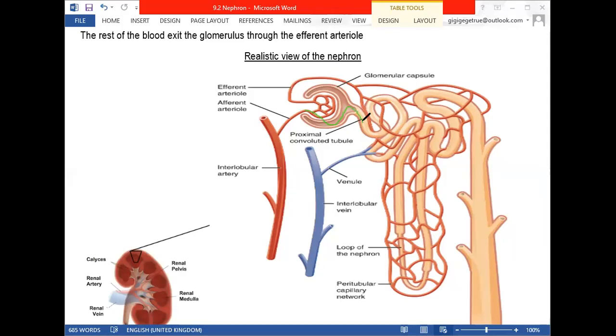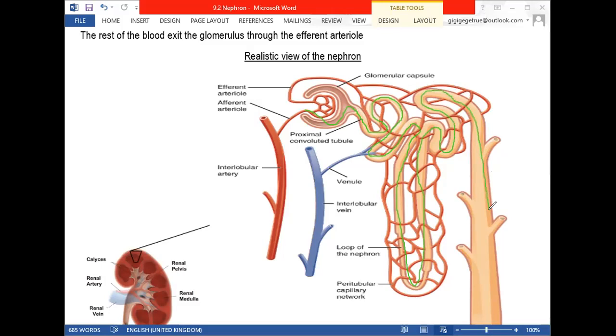So if you did not get reabsorbed, you will continue your way and move and move, I'll speed this up.